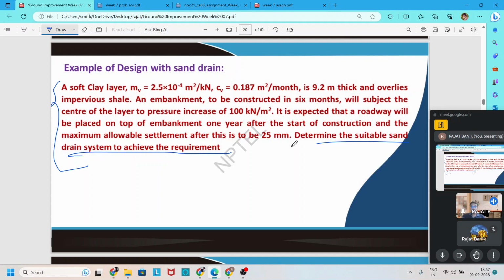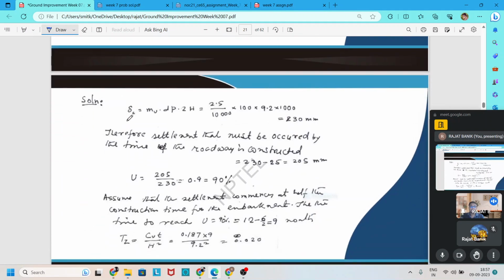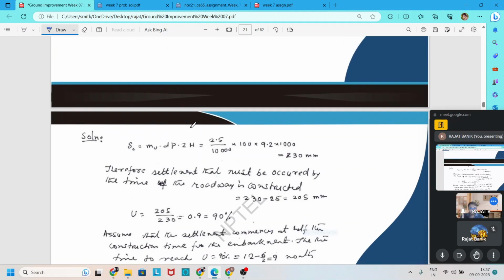To find it, the formula is settlement equals MV into delta P into 2H, where 2H is the thickness of the compressible layer.